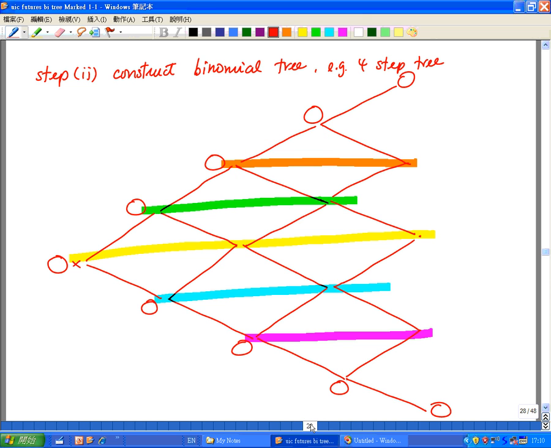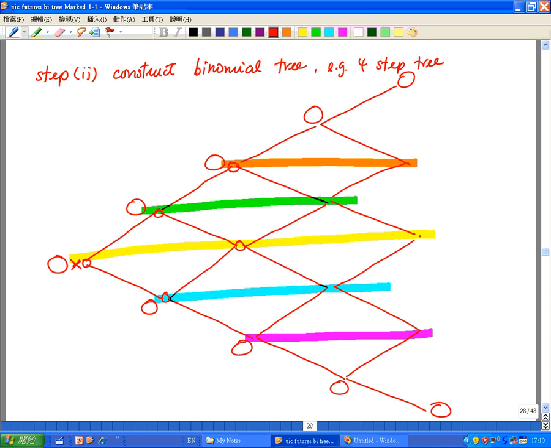Here I'm looking at the same tree as the previous step, but I'm looking at some relationships that you should know. I start with the price here, which is our X, and we have up or down possibilities. In theory, we need to figure out the stock price at each of these points.